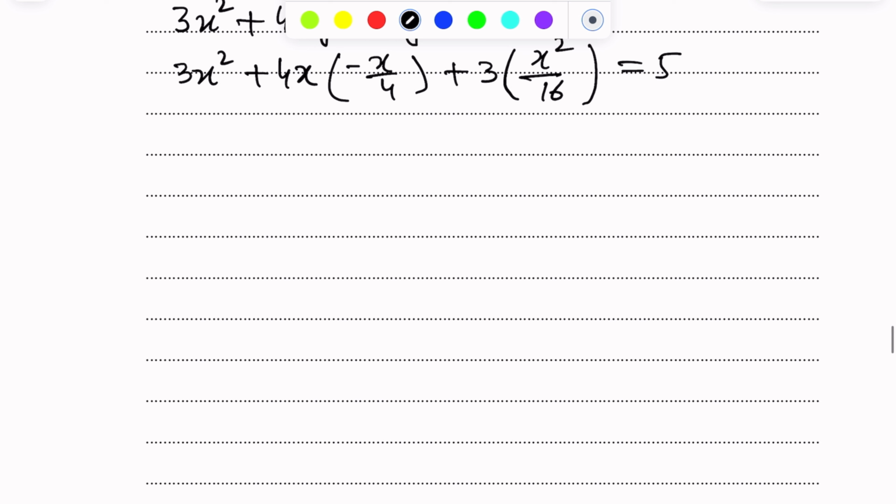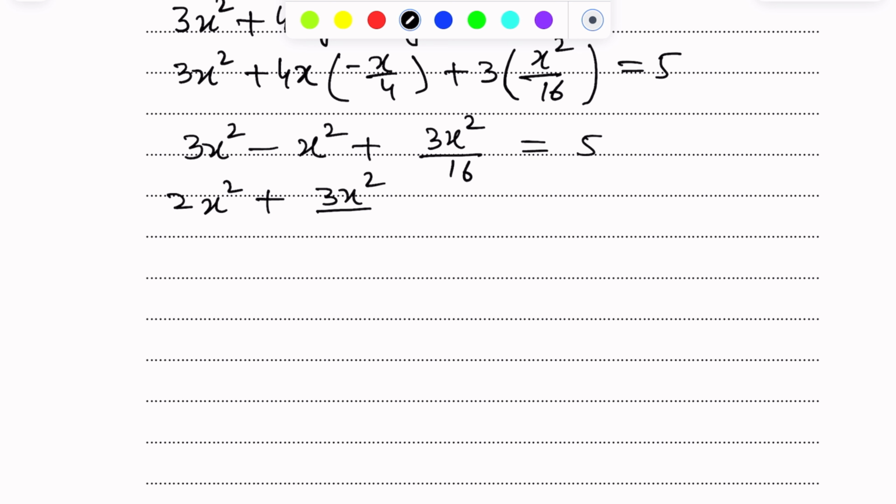Further simplifying, 3x square minus x square plus 3x square over 16 is equal to 5. This becomes 2x square plus 3x square over 16 is equal to 5.